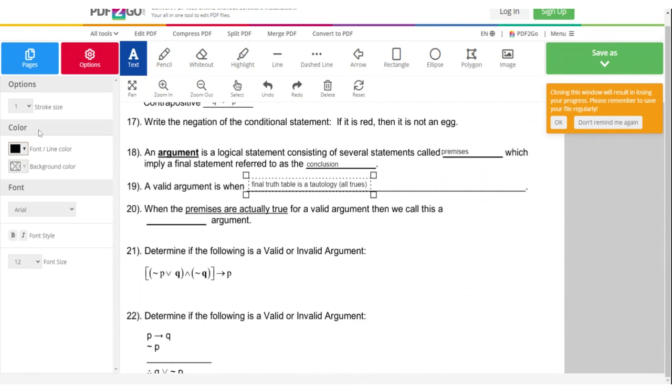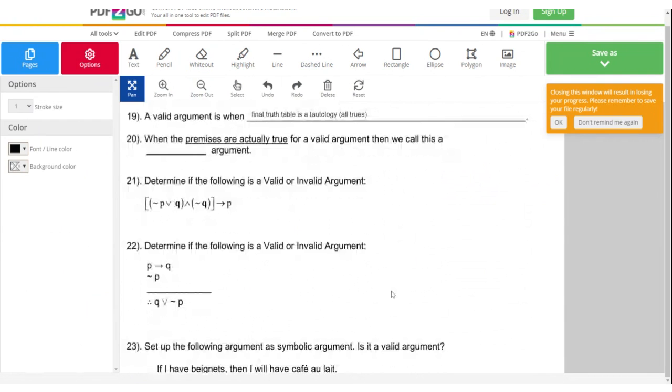Now there were two different ways you can tell whether these things are valid arguments or not.